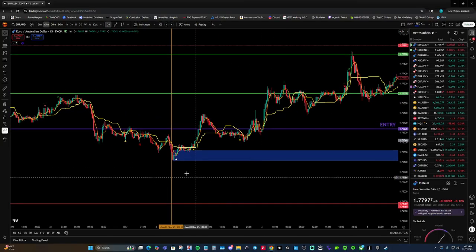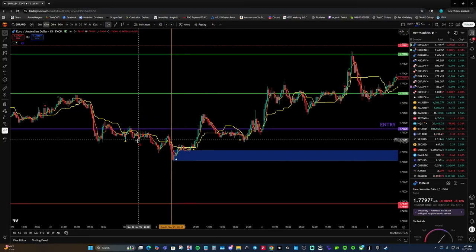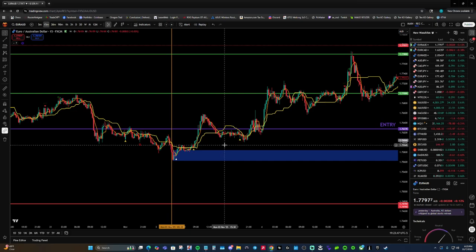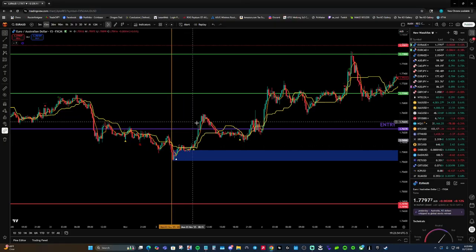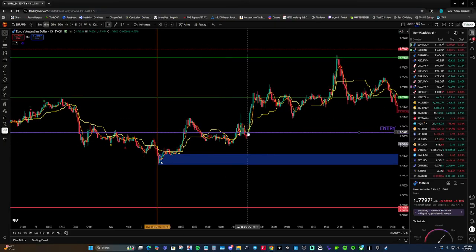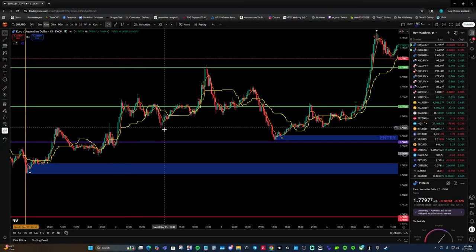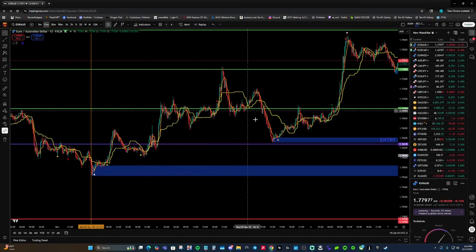Our entry was a smidge later, but we wanted a little bit more confluence and wanted things to play out perfectly, to where we're not getting in too late and also not getting in too early. We ended up getting in about 76 to 78, which was right before we actually had our second pop off. Here's the initial, came back down, consolidated, and then it popped off. Price continued to go sideways, even came back really close to our entry after we hit take profit 1 on the green line.